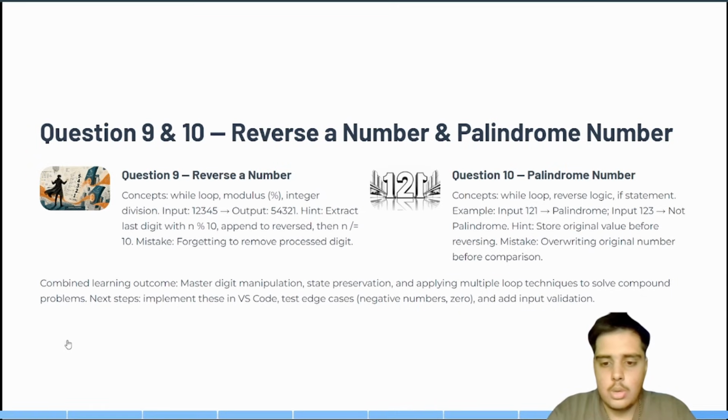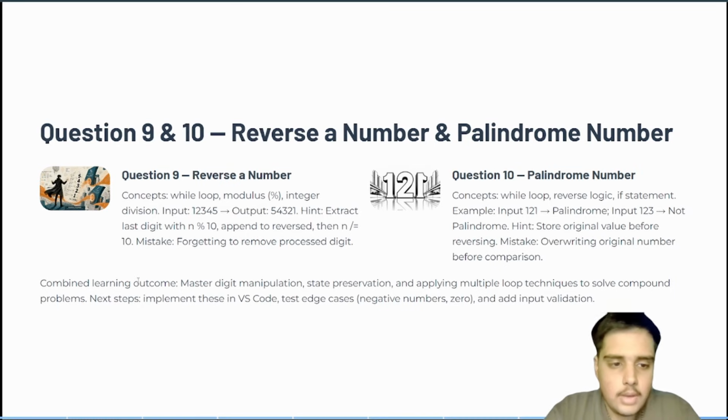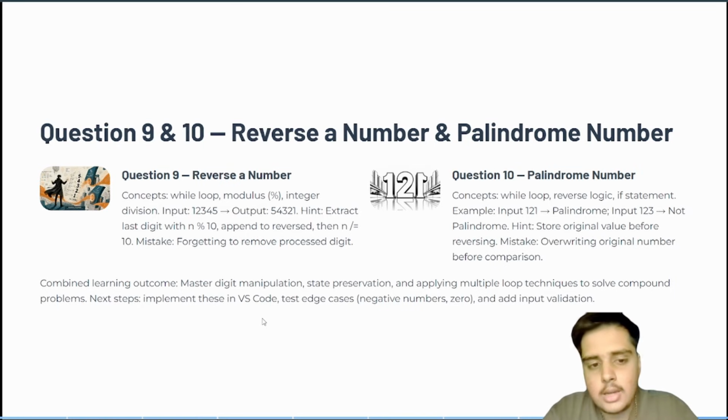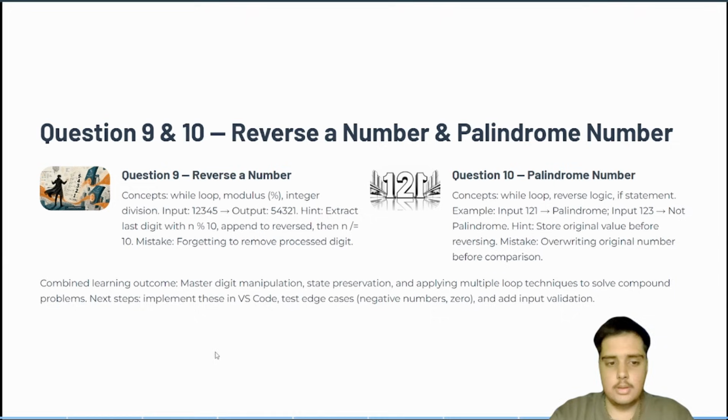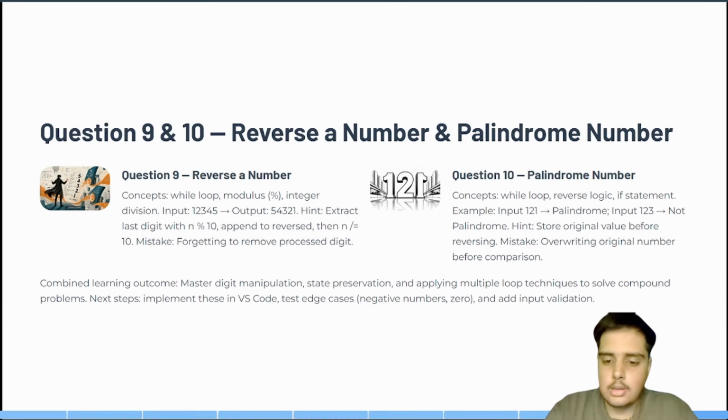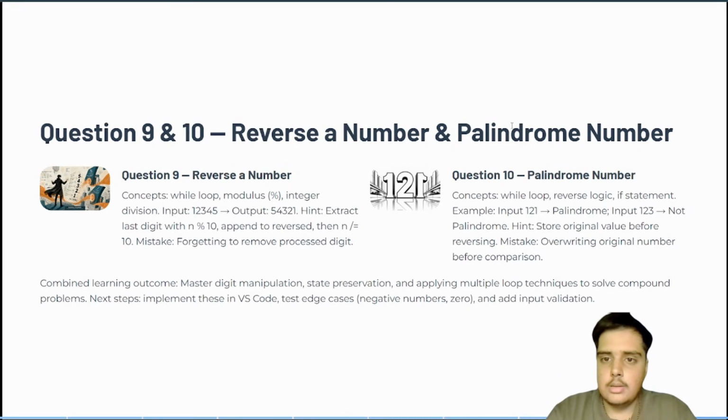With this question, the combined learning output we have gained is that we have mastered digit manipulation, state preservation, and applying multiple loop techniques to solve compound problems. And we have implemented these steps in VS Code. I have included test edge cases and input validation also. So now it's your turn to make it nicely so that it's easy to work.